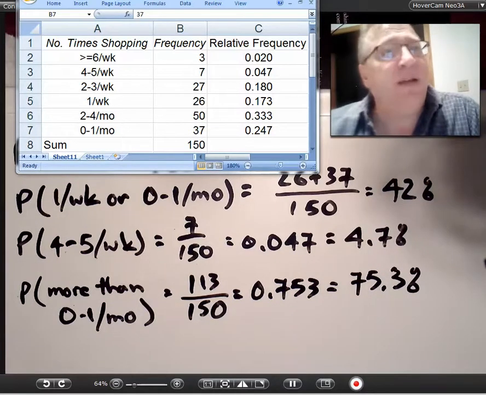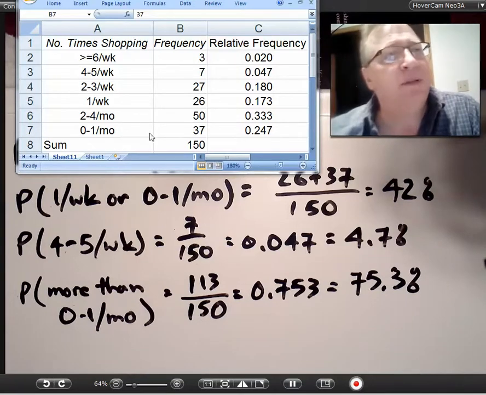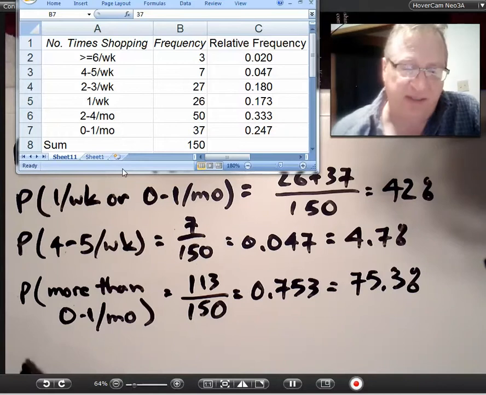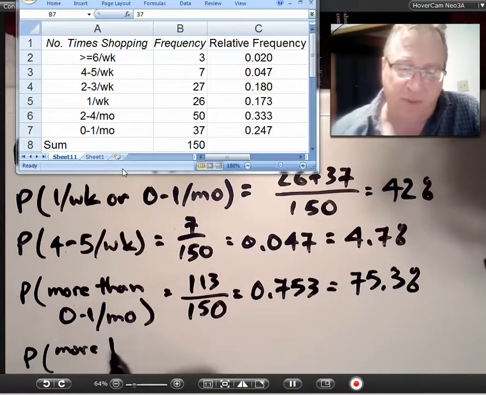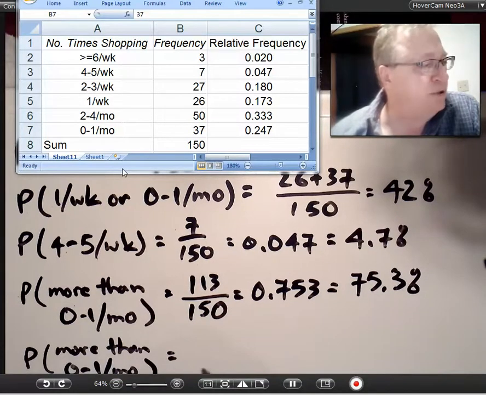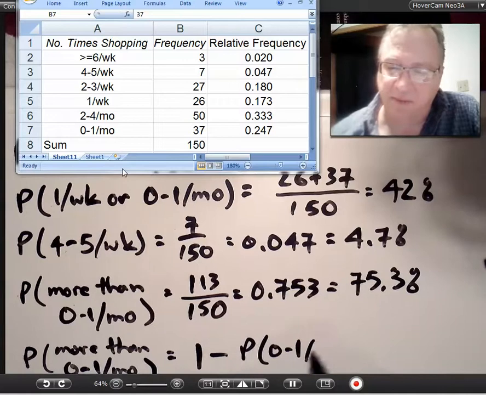Now there's another way to do this. When we're looking at these endpoints, or we're looking at one value versus all the rest, we can do a slight trick. The probability of more than 0 to once per month is equal to 1 minus the probability of 0 to 1 per month.